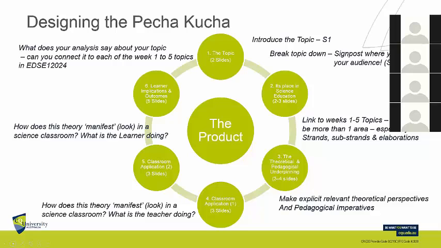You can't head off into outer space, even though this is space, earth and biological science. We want you to come back to earth, back to your topic. So when you're closing the circle here, what does your analysis say about your topic? Can you connect to each of week 1 to 5? In other words, have we looked at the scientific perspectives? Have we looked at teaching scientifically?